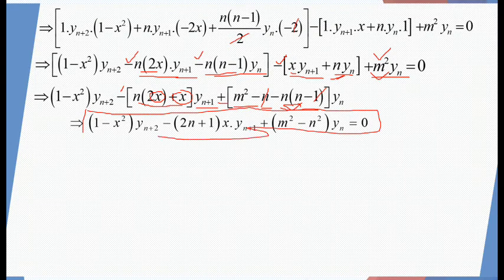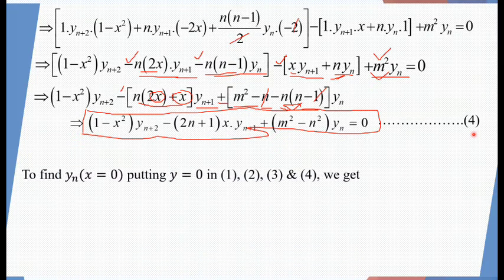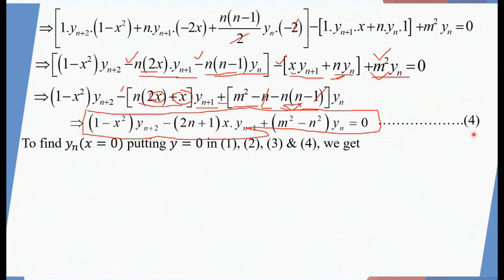So now there is the second part, and the second part is we have to find the yn(0). Let this be equation 4. For yn(0), we have to find the nth derivative of y at x equals to 0. So first we put x equals to 0 in equations 1, 2, 3 and 4.